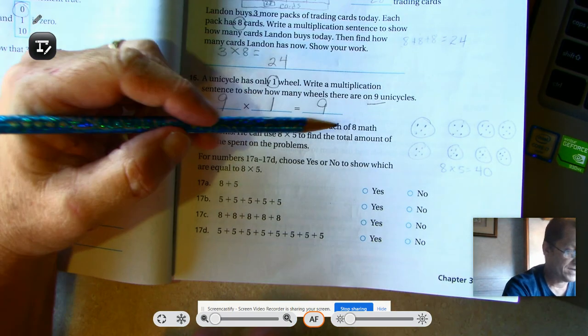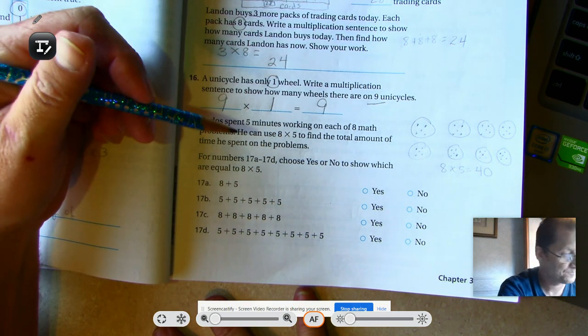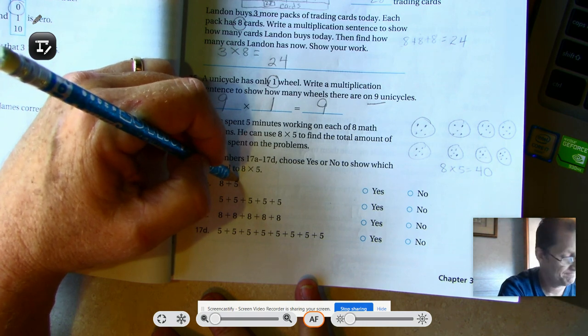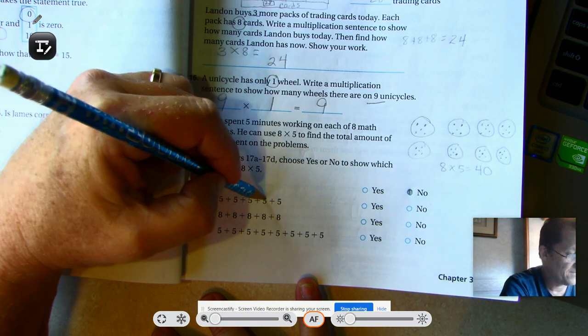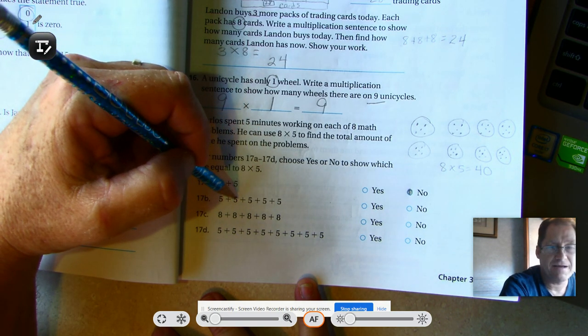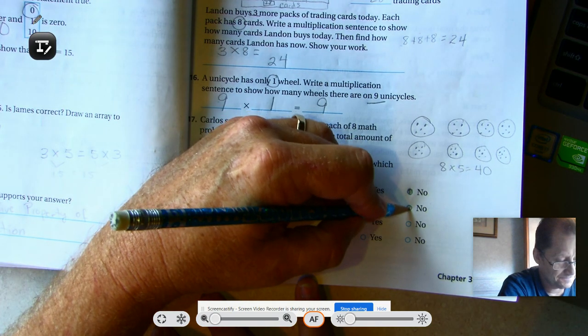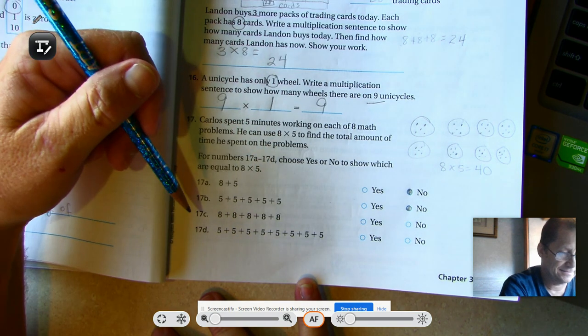All right, so we have to have answers that equal 40. 8 plus 5. 8 plus 5 is not 40. No. 1, 2, 3, 4, 5 fives. 5 fives is 5 times 5. That's not 8 times 5. 1, 2, 3, 4, 5 eights.